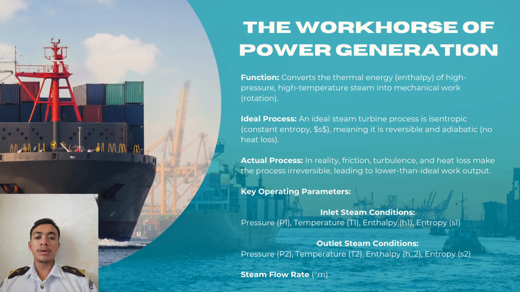Unfortunately, in reality, friction and turbulence make the actual process irreversible. To perform the calculation, we must accurately measure four key operating parameters at the turbine's inlet and outlet: the pressure P1, temperature T1, which allow us to determine the enthalpy H1 and entropy S1.